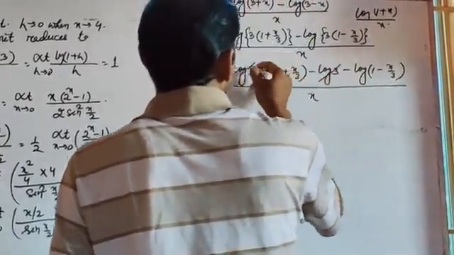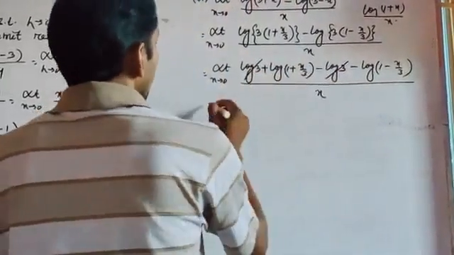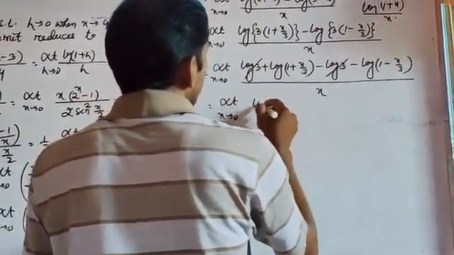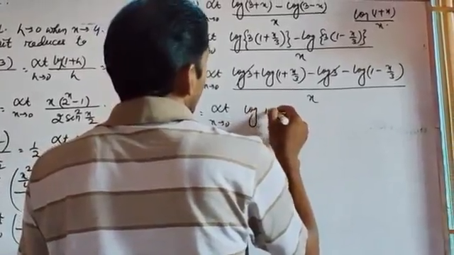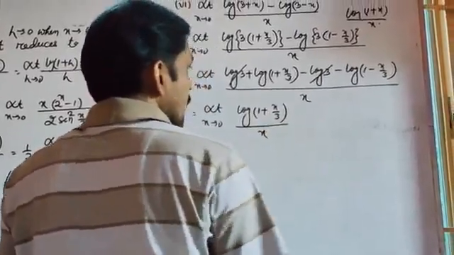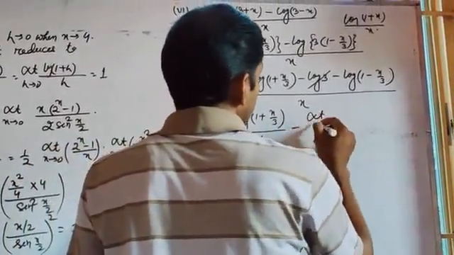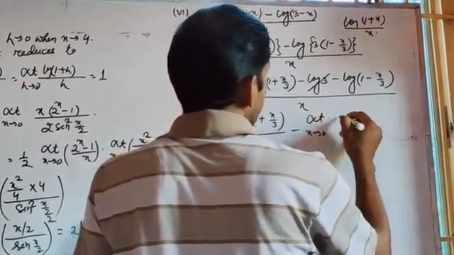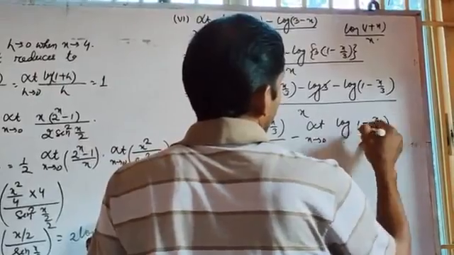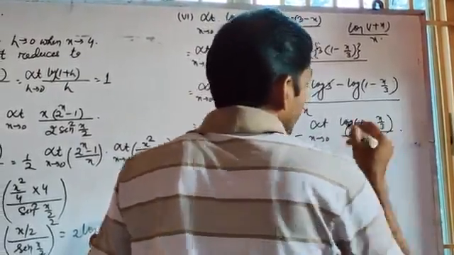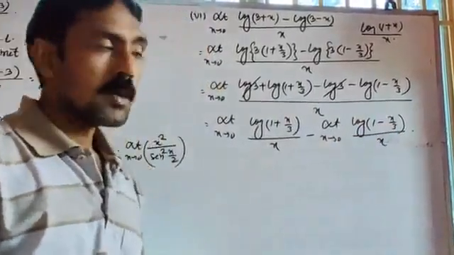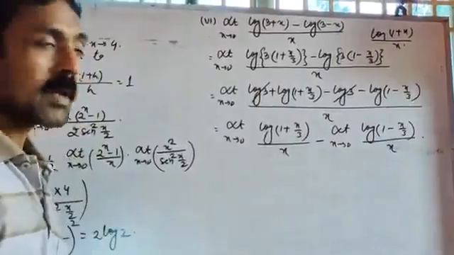Here the log 3 terms cancel. Now I can separate it: limit x tends to 0 of log 1 plus x by 3 by x, minus limit x tends to 0 of log 1 minus x by 3 by x. But the denominator 3 is there, so you have to multiply and divide by 3.